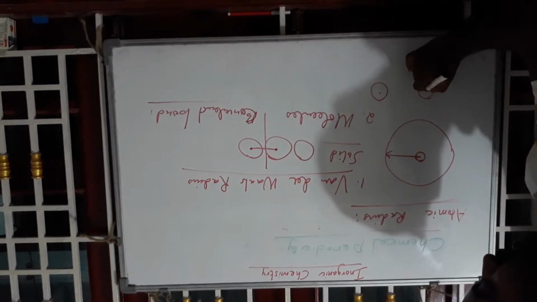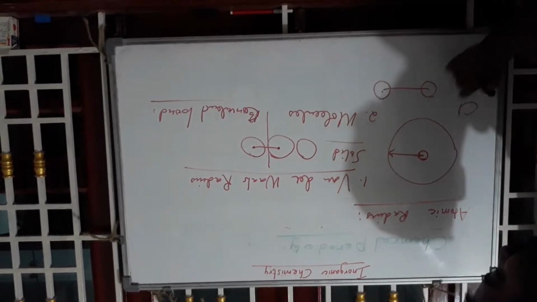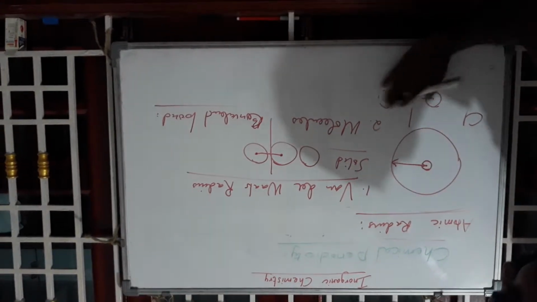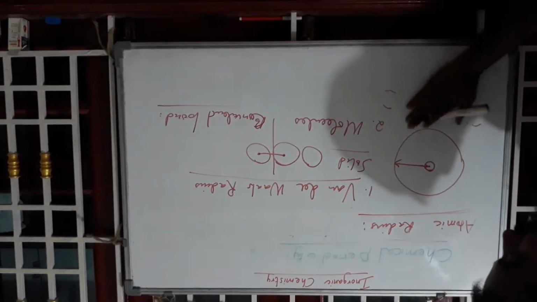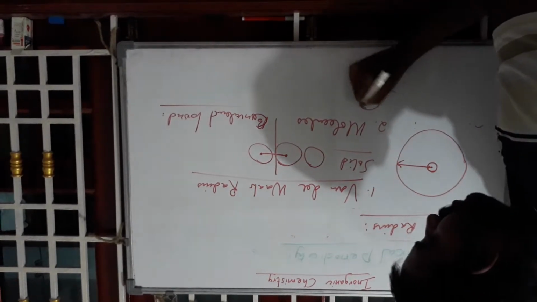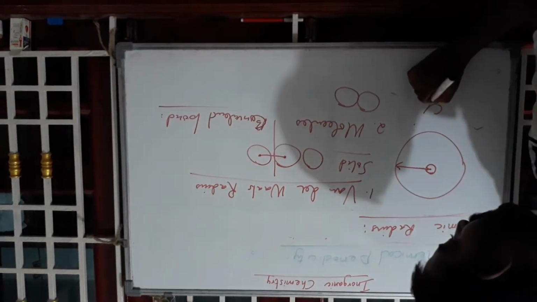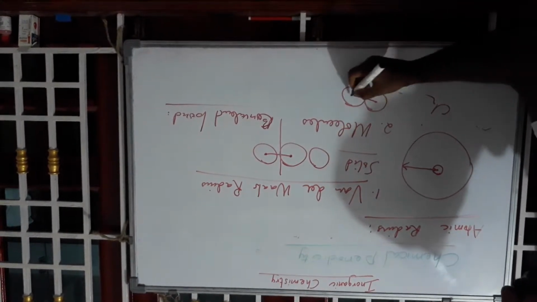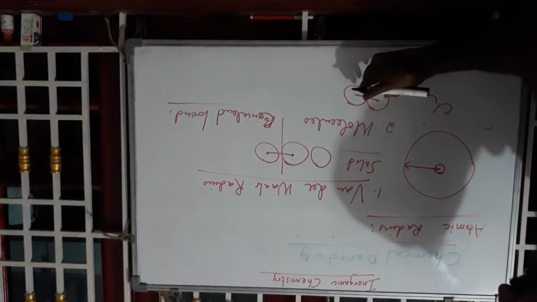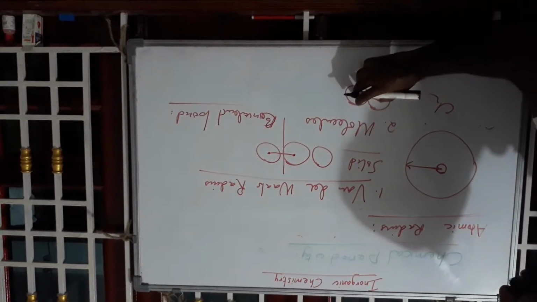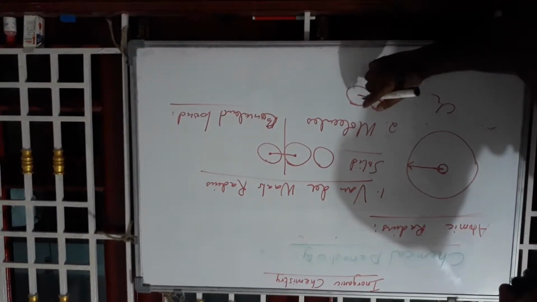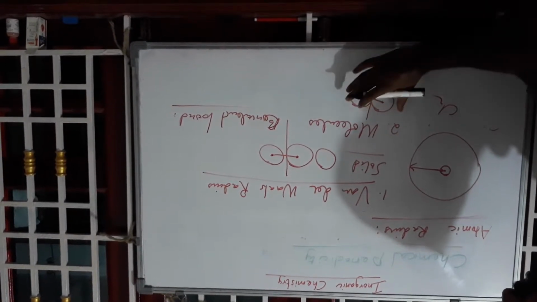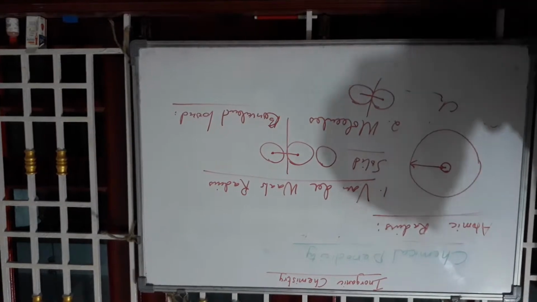These are two atoms, for example chlorine, Cl2. Half of this bond length: this is the bond length of an atom, the internuclear distance between two atoms in a covalent molecule. That is called bond length. Half of the covalent bond length is called atomic radius.